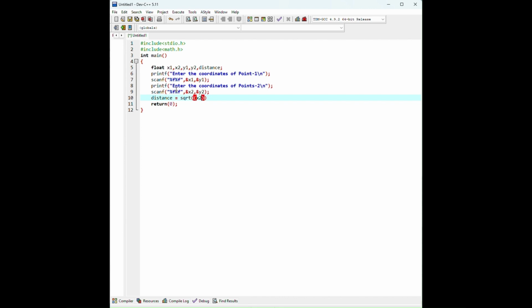So square root of x2 minus x1 whole square. So we do not have that kind of symbol to have a square. So that's why we'll multiply x2 minus x1 into x2 minus x1, which will give x2 minus x1 whole square.